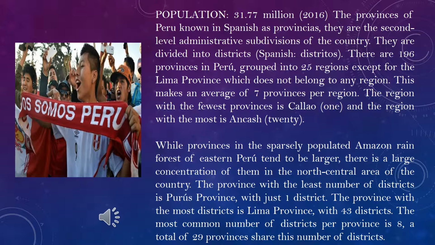The province with the least number of districts is Peru province, with just 1 district. The province with the most districts is Lima province, with 43 districts. The most common number of districts per province is 8, and a total of 29 provinces share this number of districts.